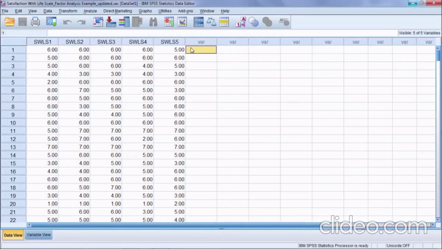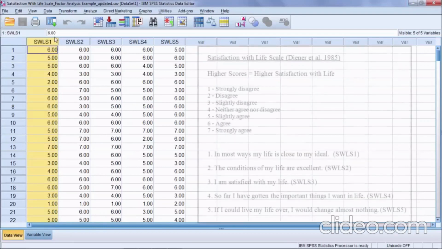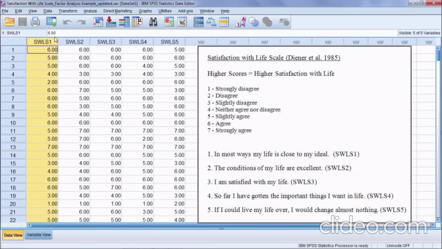Basically, people respond to these five items, where SWLS1 is in most ways my life is close to my ideal, and then we have the conditions of my life are excellent. I'm satisfied with my life. So far, I've gotten the important things I want in life. And then number five is if I could live my life over, I would change almost nothing.